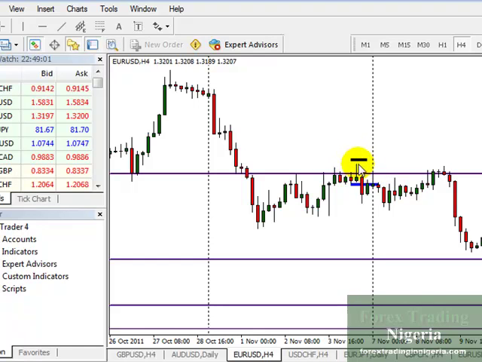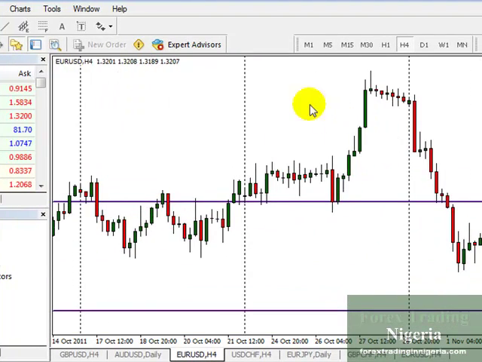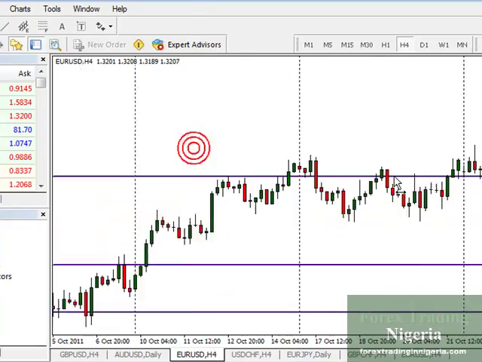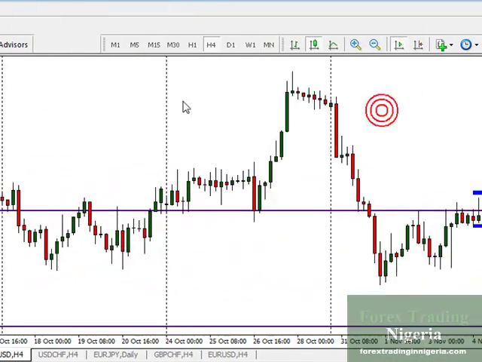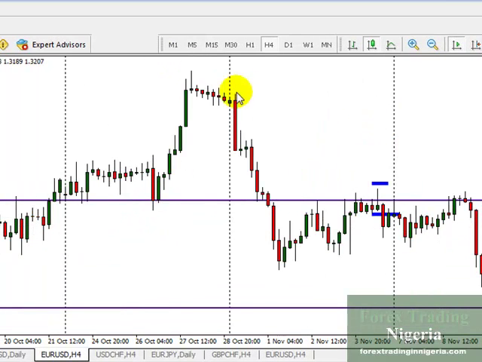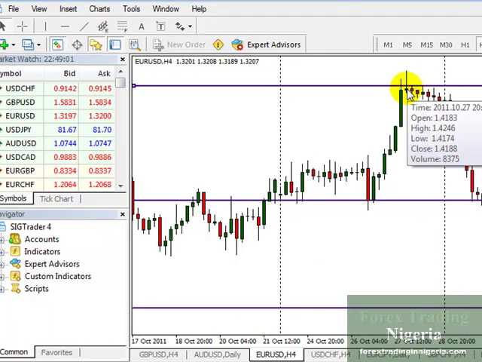Look. All the way to this spot. Look at another one here. There's another one here. Look. And it plays out very well.